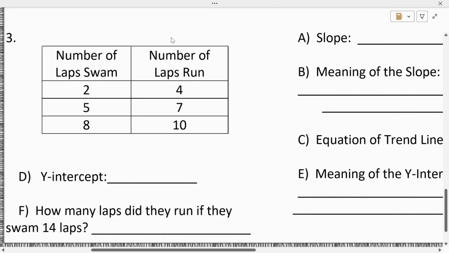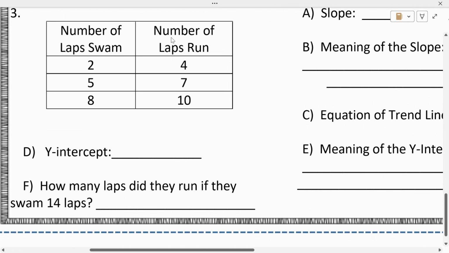All right. Last one. Number of laps swam compared to number of laps run. We have to find the slope. What do you want to do first, Tyler?